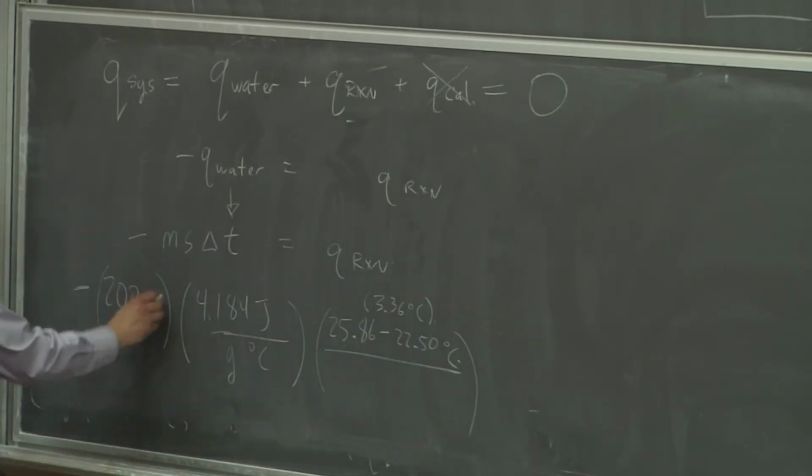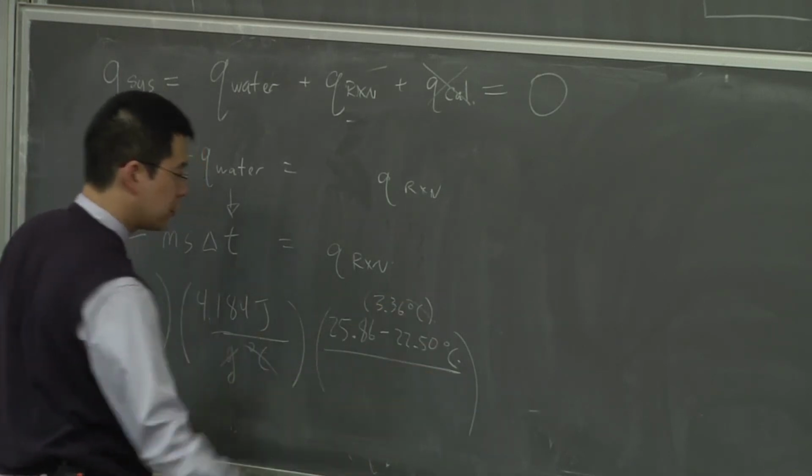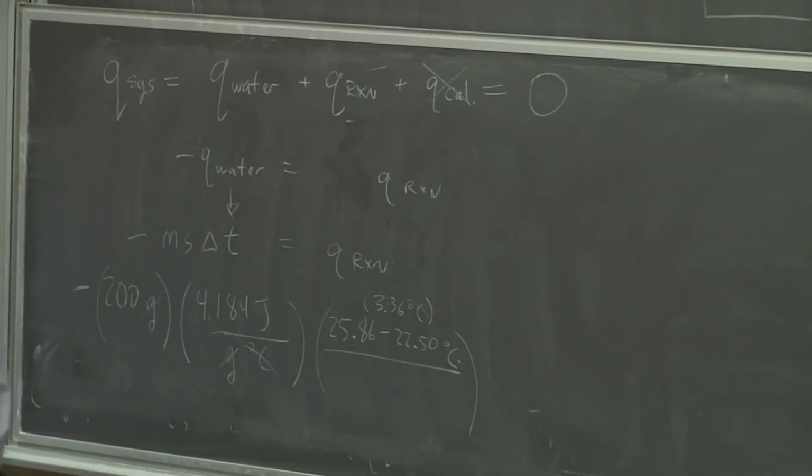So the grams and the grams cancel out. The degrees Celsius and the degrees Celsius cancel out. And I believe I get 2.8. Yep, so 2.8.